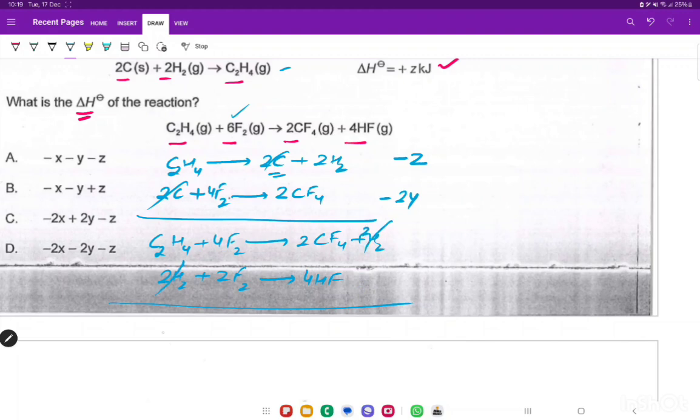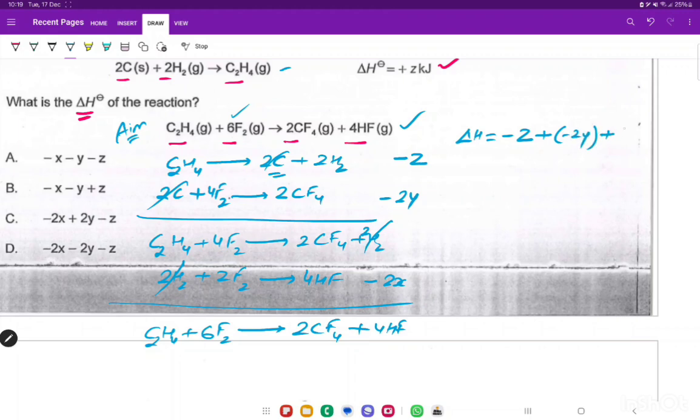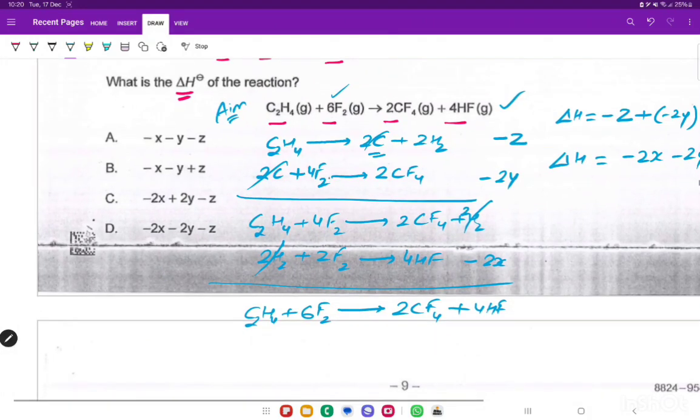The net equation will be C2H4 plus 6F2 gives you 2CF4 plus 4HF, which is my aim equation. I had multiplied equation number 1 by 2, so it will be minus 2X, and then add all of them. What is the resultant? Resultant delta H equals minus Z plus minus 2Y plus minus 2X. The answer will be delta H equals minus 2X minus 2Y minus Z, and that is my D.